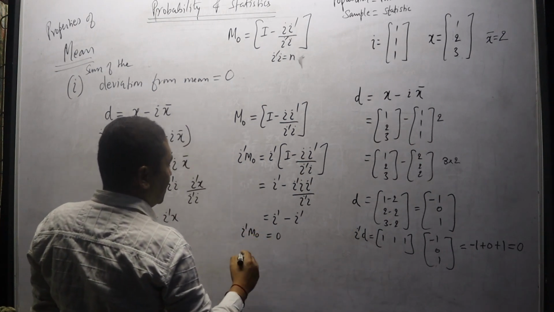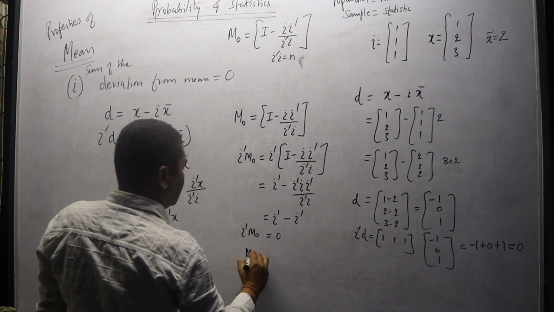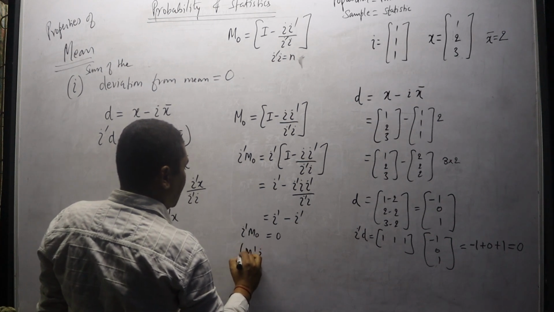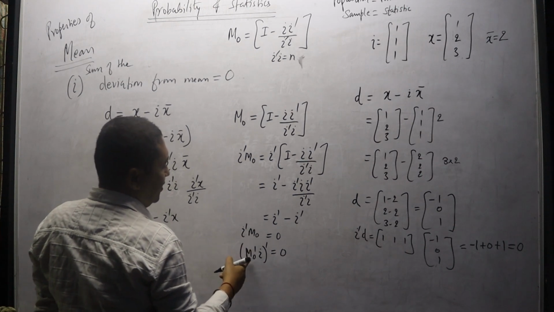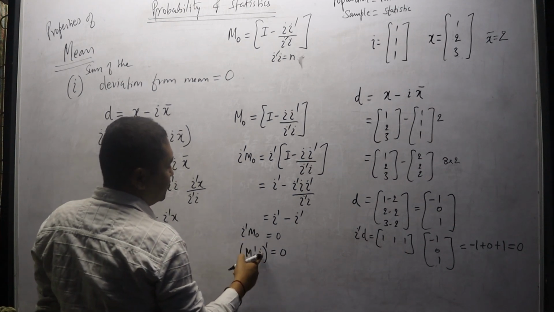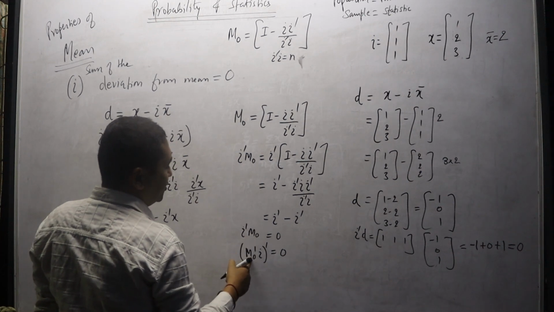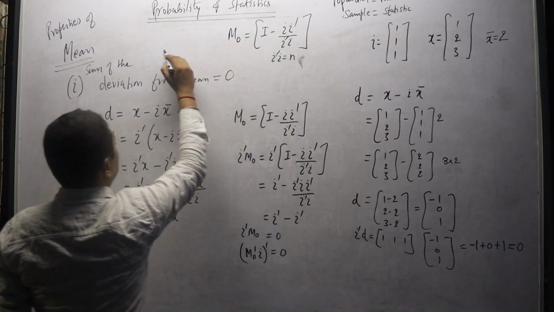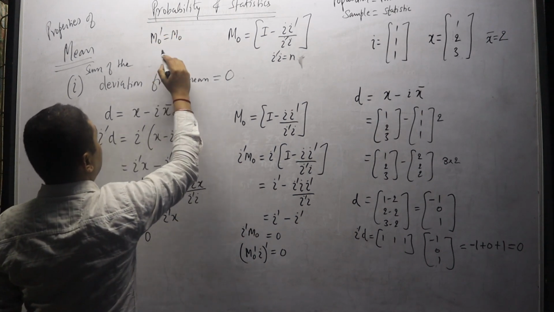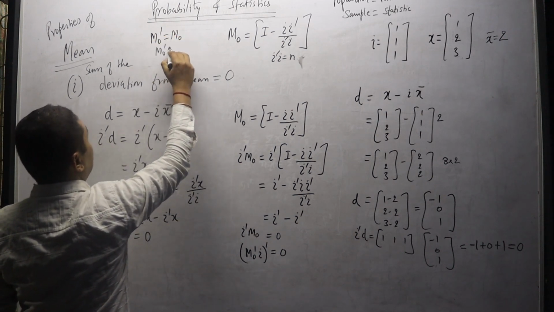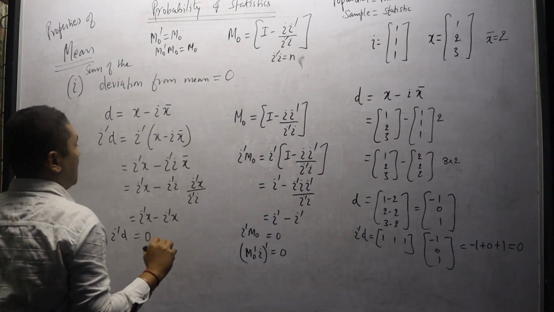Alternatively, we can write it as M0 transpose I, and its entire transpose is equal to 0, because we know that the transpose of A times B is B transpose times A transpose, and this is an idempotent matrix. As it is an idempotent matrix, its transpose is equal to the matrix itself, and when we multiply it with itself, the result is again itself.